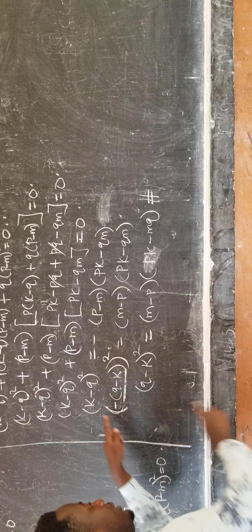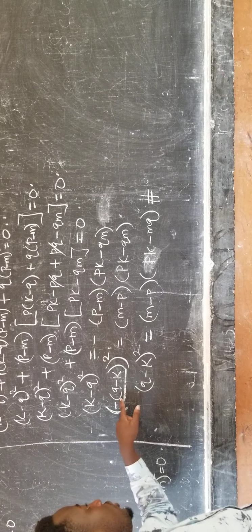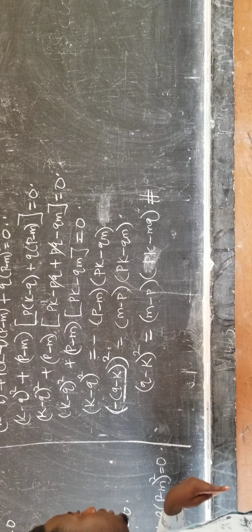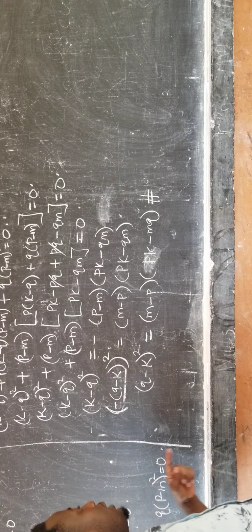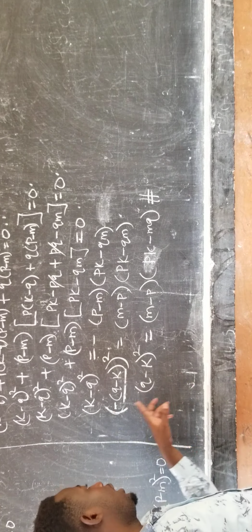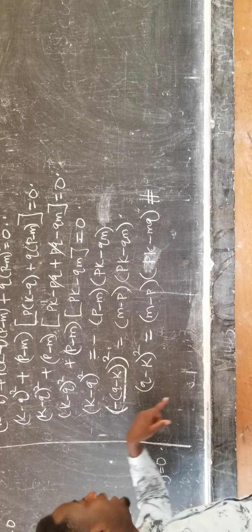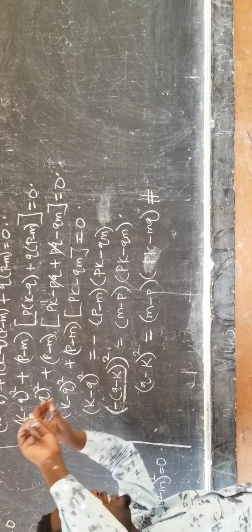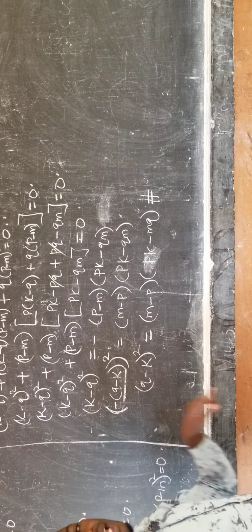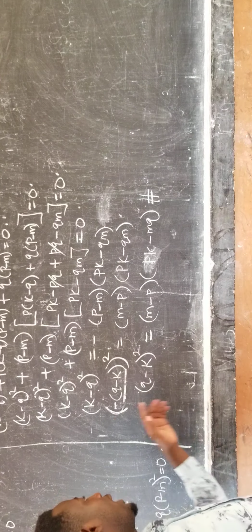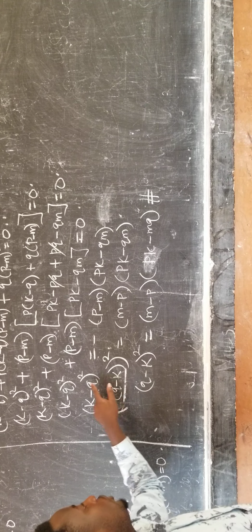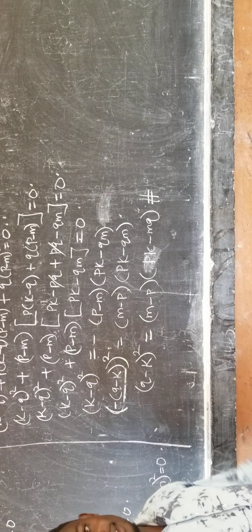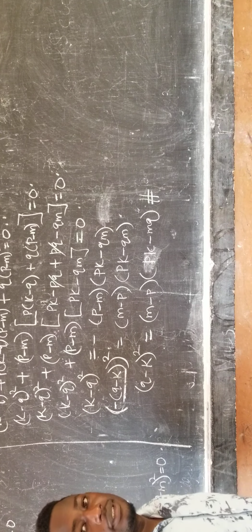I have done this to pull out a negative so that I can get q minus k. So we can simply say q minus k is the negative of k minus q. But since it is squared, the squared kills the negative. So we can say (k - q) squared is the same as (q - k) squared. Yes.